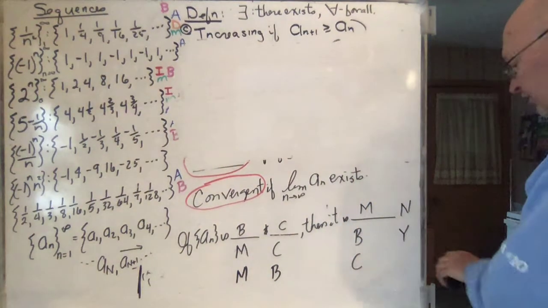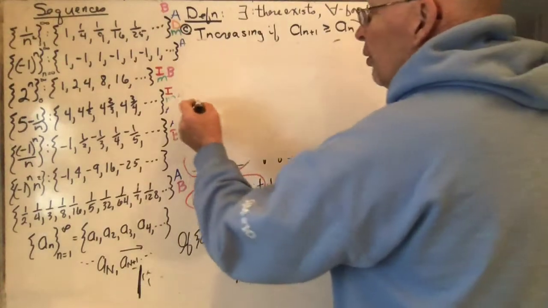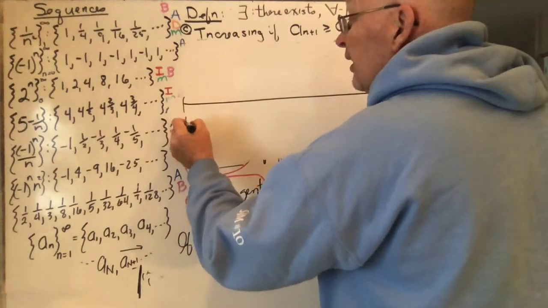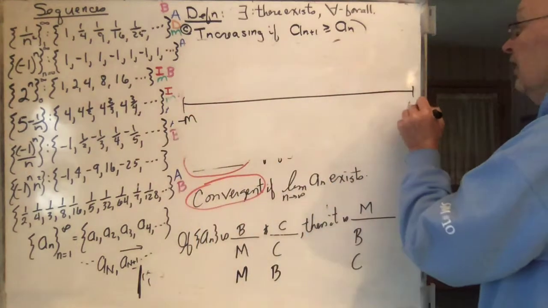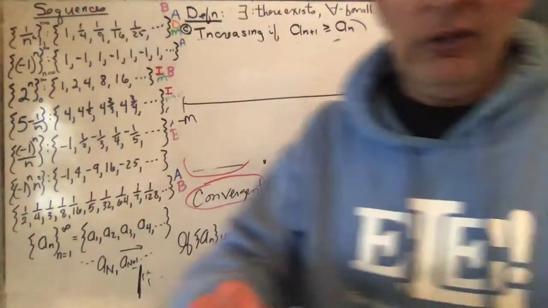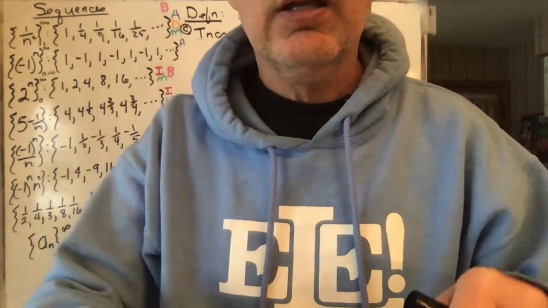And let's draw a picture to illustrate. It's monotone and it's bounded. So here's our real line, and say it's bounded between negative m and m. Okay, so everything in the sequence has got to be, make sure I'm still being shown here. Yep, very good.